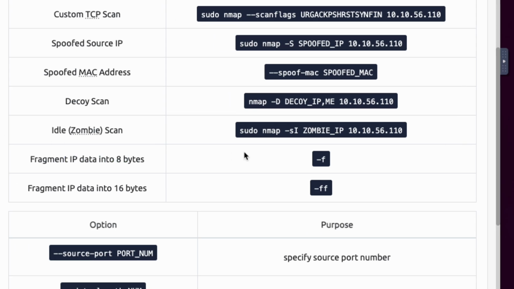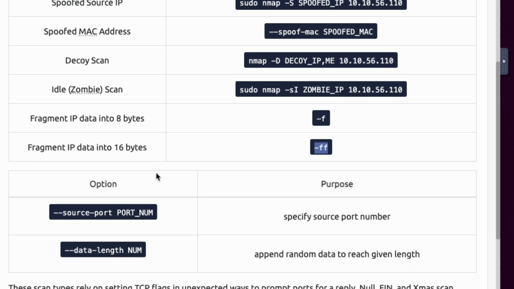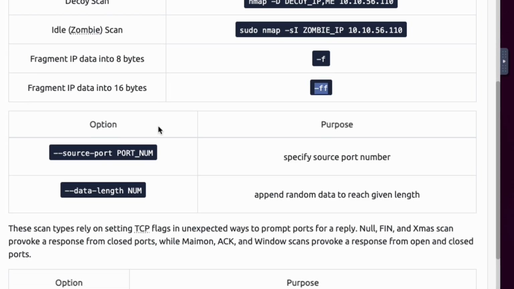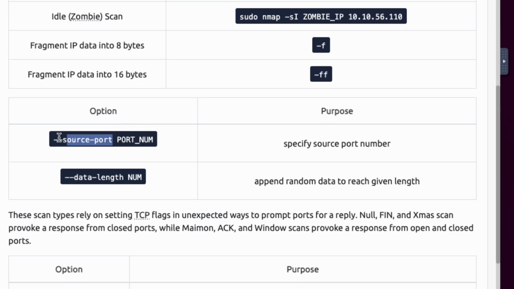You can fragment the data into 8 bytes using F. You can fragment it into 16 bytes using FF. You can fragment it into multiple sets of 16 or 8 by using MTU, which is not in this little cheat sheet. And then you have your source port that you can dedicate as such, and then data length, which appends random data to reach the given length that you want, right?